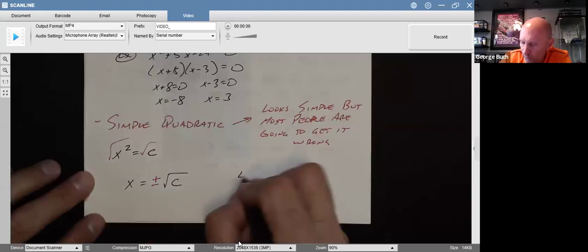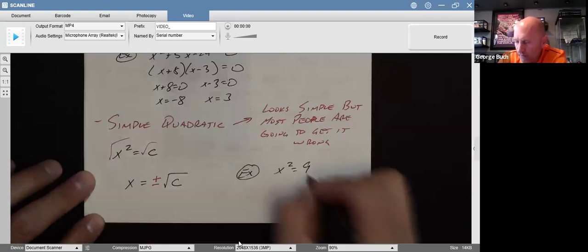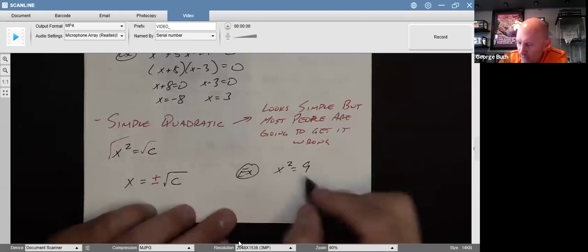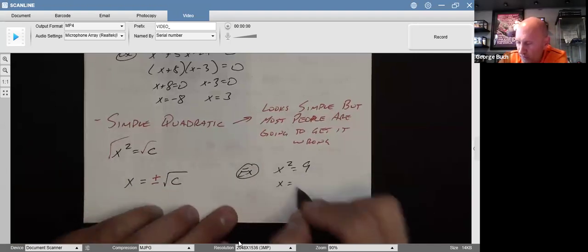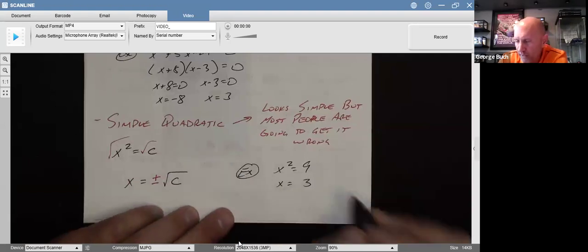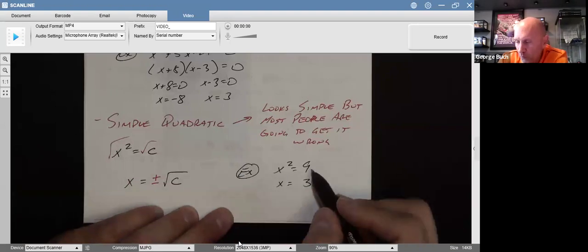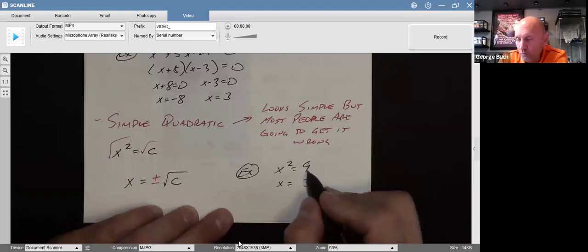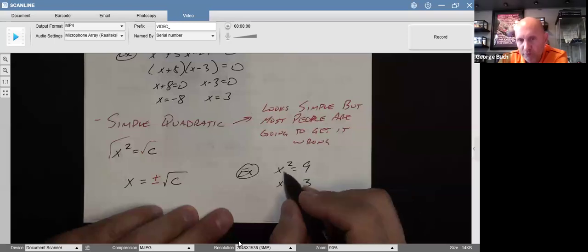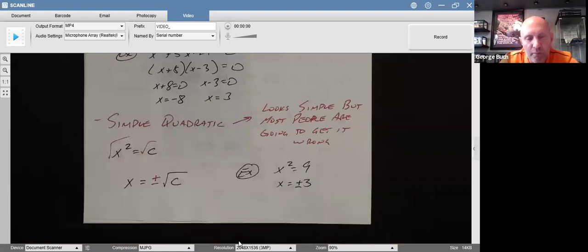For example, if I have x squared is equal to 9, and I take the square root of both sides and don't do plus or minus and just say, oh, x is 3. Well, that's true, because 3 squared is 9. But what else squared equals 9? Negative 3 squared. Negative 3 times negative 3 is also positive 9. So please, please, please remember the plus or minus.